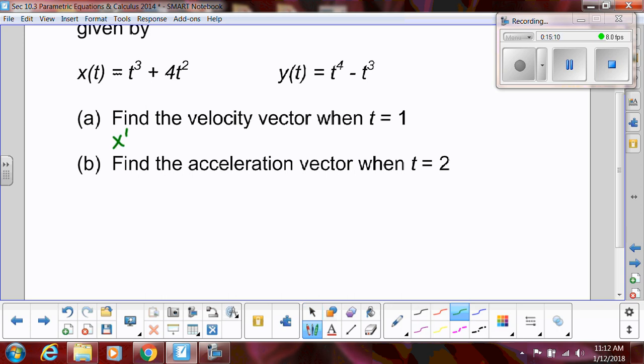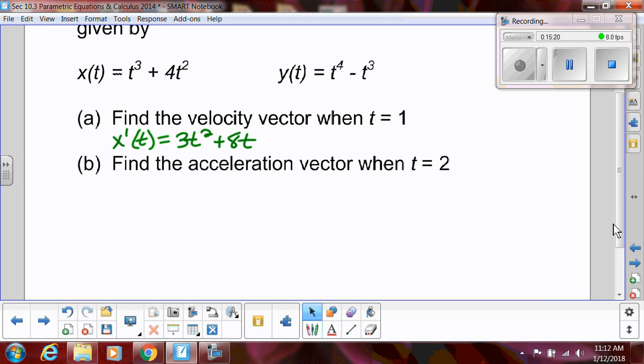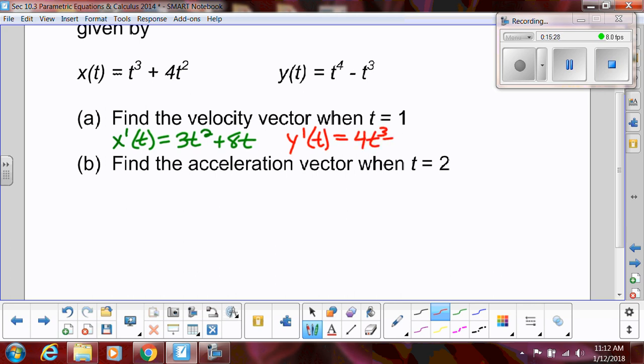X prime of t is going to be 3t squared plus 8t. And y prime of t is going to be 4t cubed minus 3t squared. Easy peasy. But it does say find the velocity vector when t equals 1. So I want to plug 1 in for t.